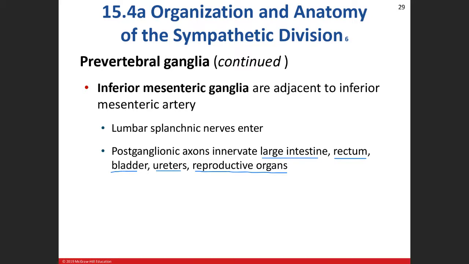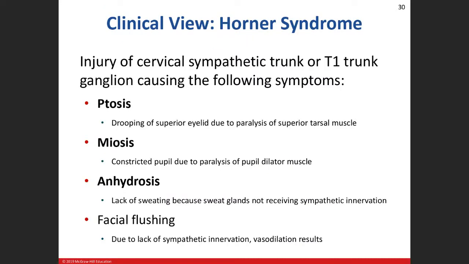If you were to lesion one of the structures of the cervical sympathetic trunk, or even your T1 ganglion, you will have this condition called Horner syndrome. Has anyone ever heard of Horner syndrome?